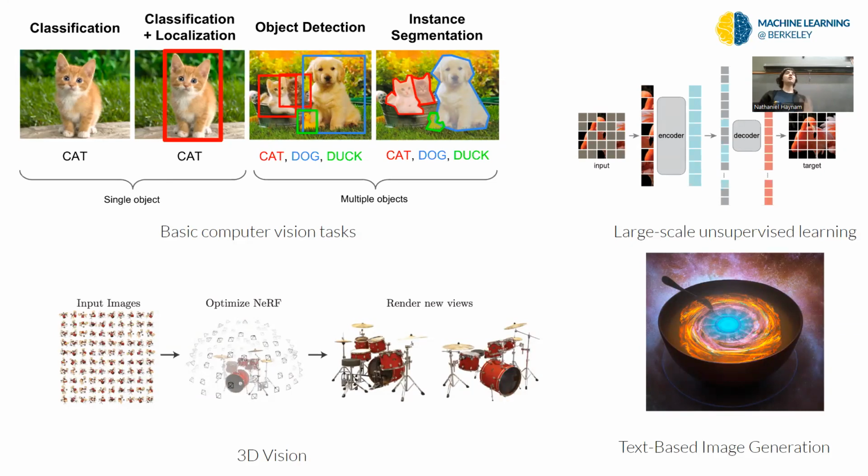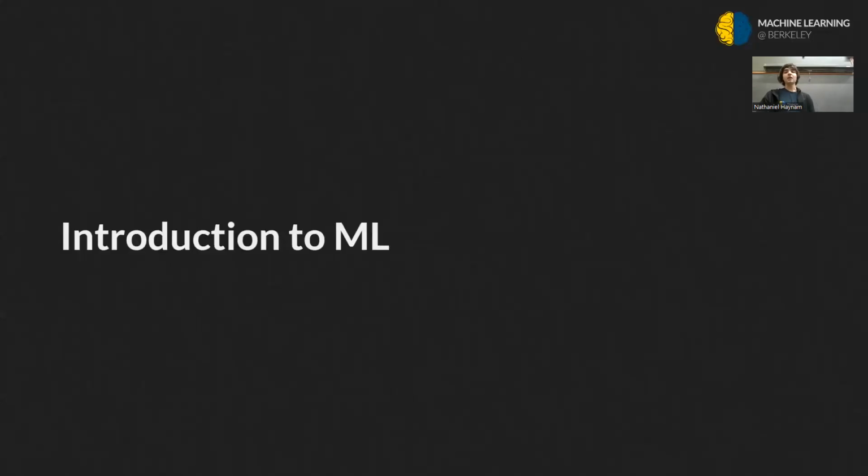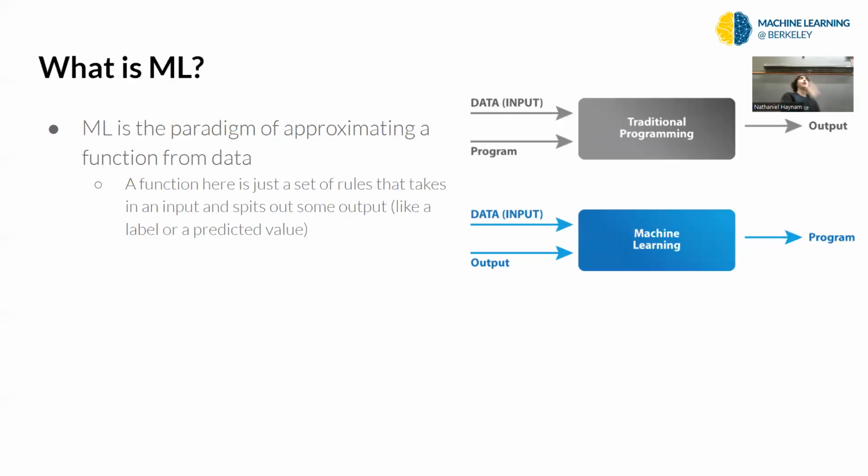This goes even beyond the top left, where we see classification and object detection, and goes into the space of: can we take 2D images and reconstruct what the 3D real world object would have looked like? On the top right, we have a masked encoder decoder that can help us with image generation. Let's backtrack a little bit, because computer vision, for anyone that doesn't know, is a bit more complicated if you don't have some foundations in machine learning.